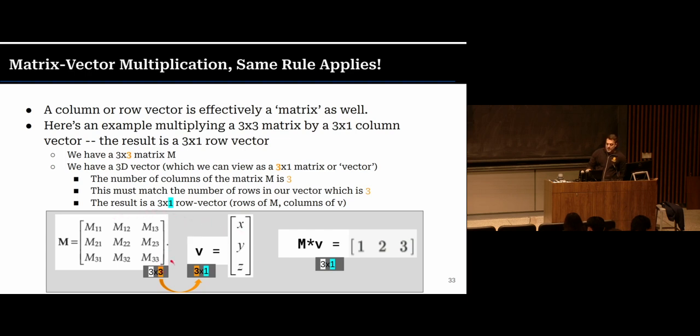And basically just make sure that the number of columns in this one matches the number of rows in the other, so you can see those match, and that'll give you this resulting matrix here. If you kind of line up the colors, you can see where those come from. Again, not going to be a big deal for us because we're going to work with square matrices for our matrix transformations, and then all of our vectors are going to be 1 by 3 or 3 by 1, however you transform them.